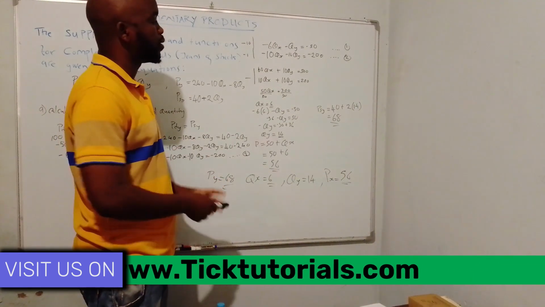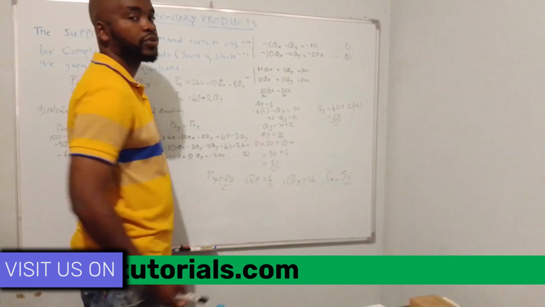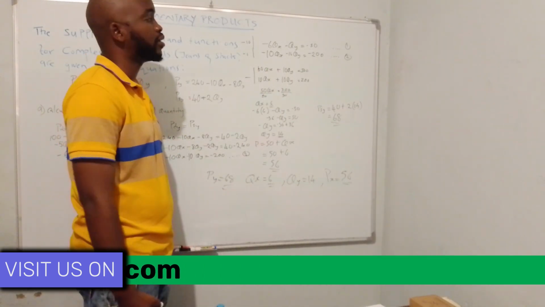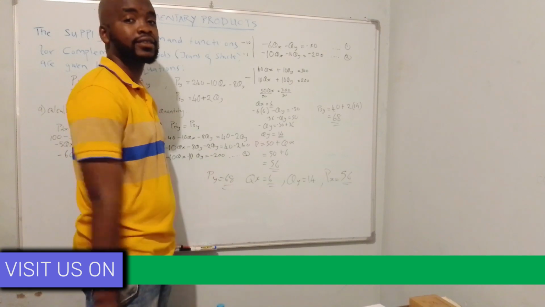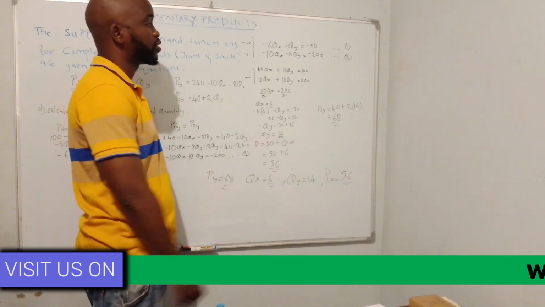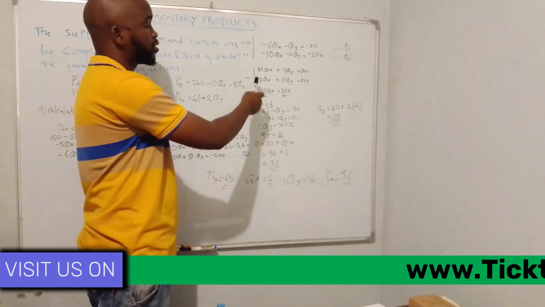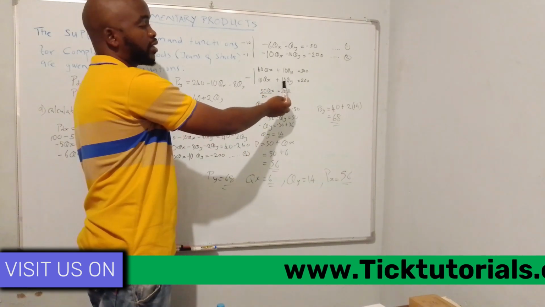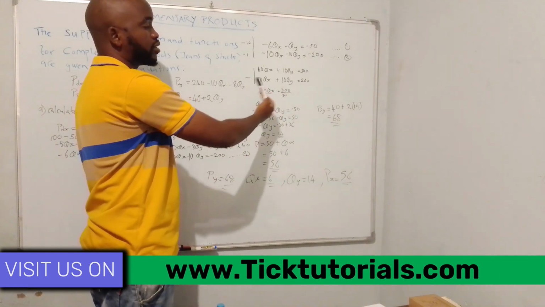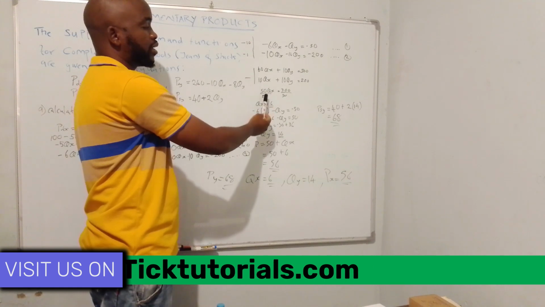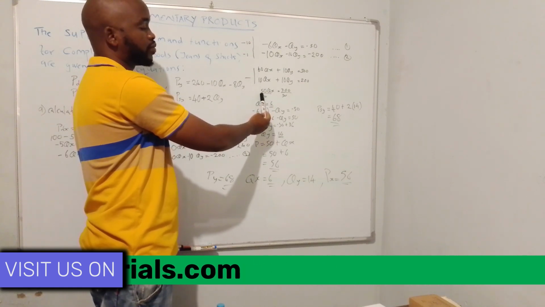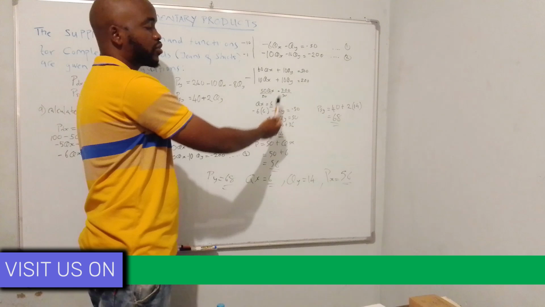I'm going to eliminate qy from these equations. You can use any method of solving simultaneous equations, so I'll go with elimination. After eliminating, I ended up with 50qx is equal to 300.